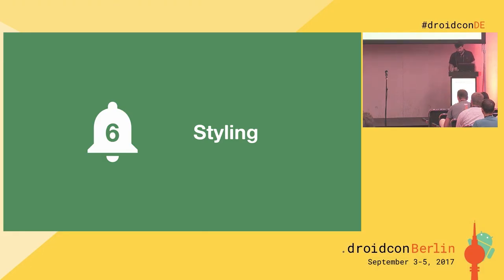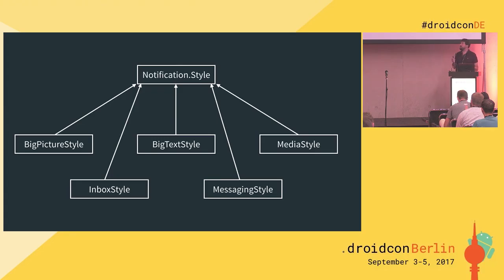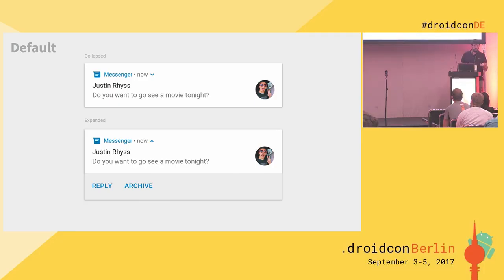Okay, so now a little bit of styling. Styling is pretty easy, actually. We have this root style, which is called notification.style, and we have other styles for, let's say, important use cases: big picture style, inbox style, big text style, messaging style, and media style. And if we look at the documentation of material design, it's pretty easy, actually.